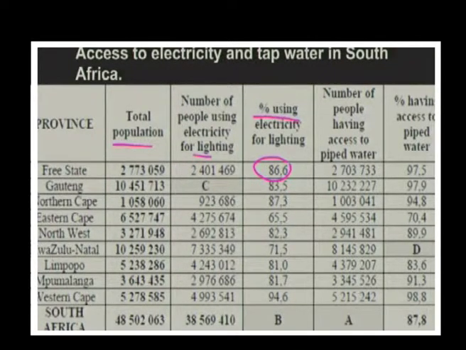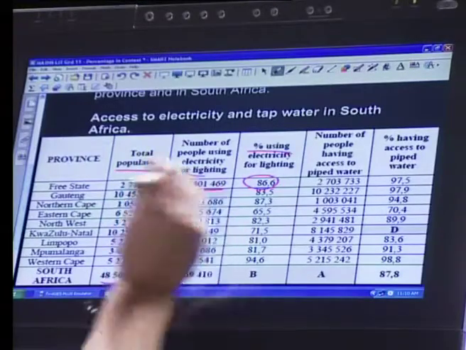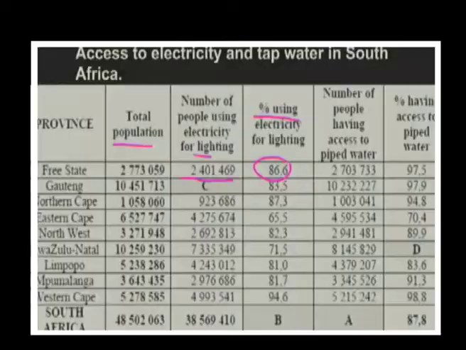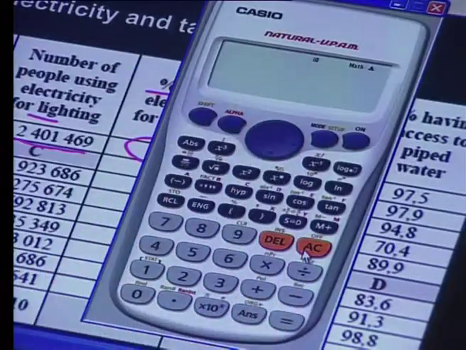They were looking at percentage using electricity, so it is the number of people using electricity, and percentage is out of our total. So I'm going to guess, and then calculate it, that 86.6 was the number of people using electricity in the Free State divided by the total population of the Free State, times by 100. So before I carry on, let's double check that that actually works.